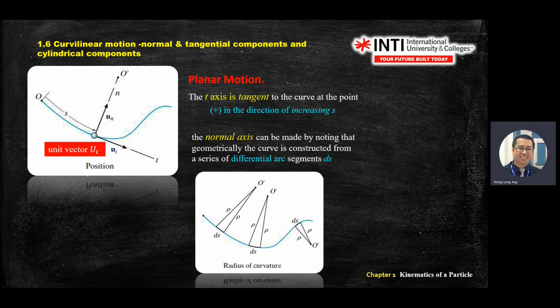You should understand why this center is at here and not here, because the curve like this, center here, curve like this, center here, curve like this, center here. Okay, so you have a rho with the r. ds is the change of distance, it is here, right?